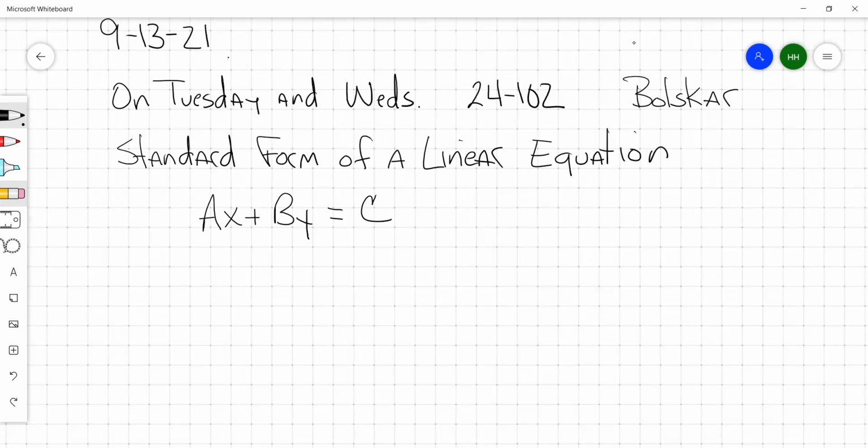It could look something like negative 2x plus 4y equals negative 5. That's standard form, with something in front of the x or not. It could just be x plus y equals 1, or x plus y equals 0. But you've got an x as your first variable, a plus or minus a y as your second variable, with or without a number in front of it, equal to a constant.